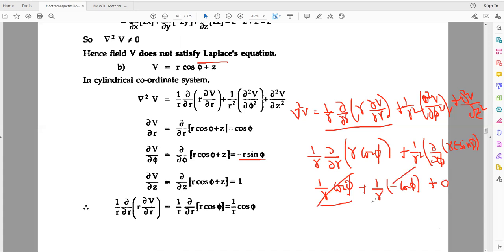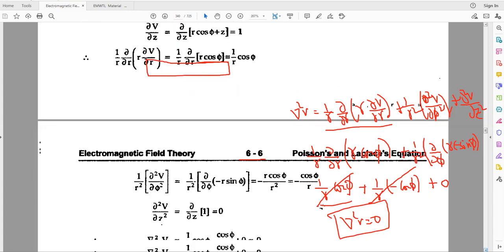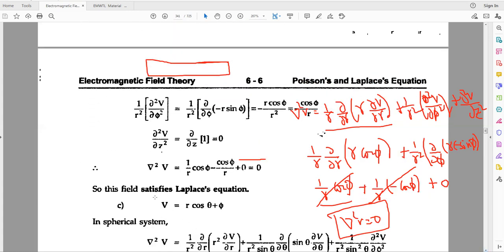So 1/R cos phi minus 1/R cos phi get cancelled. So ∇²V is equal to 0. It satisfies the Laplace equation for V is equal to R cos phi plus Z. Okay, my dear students, so this field satisfies the Laplace equation.